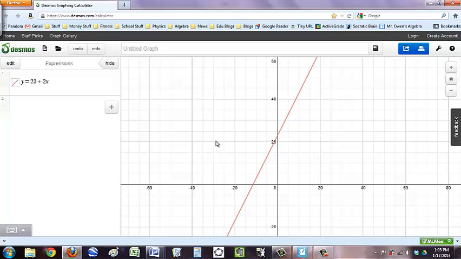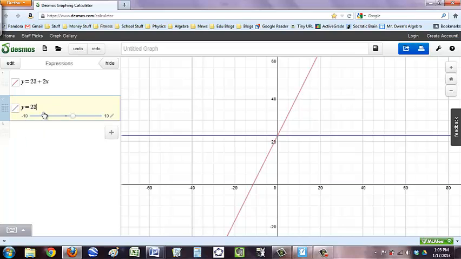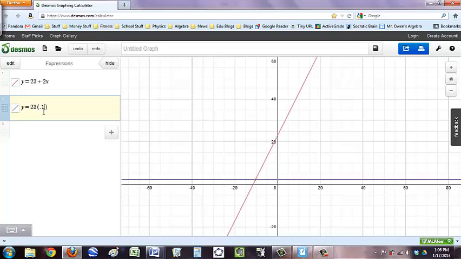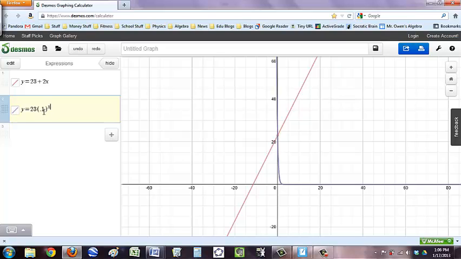Now let's look at the other one. Add a new expression where y equals 23 times... now how much are we multiplying by each time in our chart? Go back and look at your chart. How much do we multiply by each time? Is it 0.1 for 10% to the x power? Let's see how that looks.